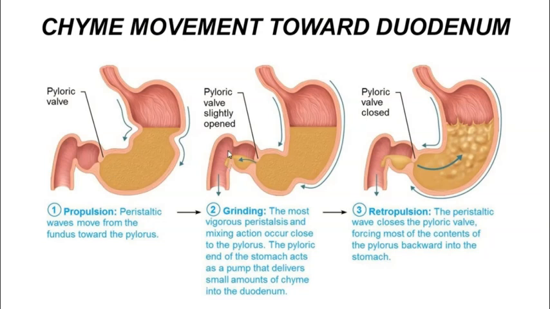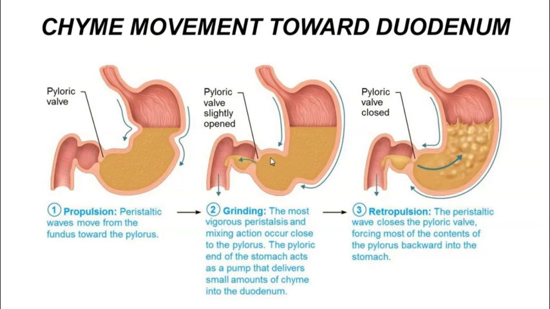There is also some grinding and mixing action that occurs at the pylorus. This helps to further break down the chyme mechanically, as well as provide the muscular action to push some of the food through the pyloric sphincter into the duodenum.